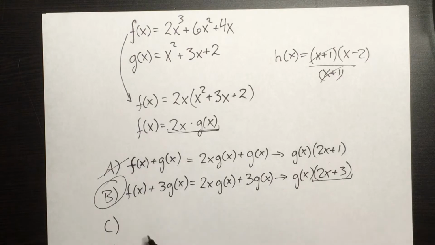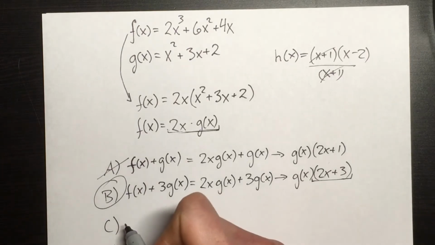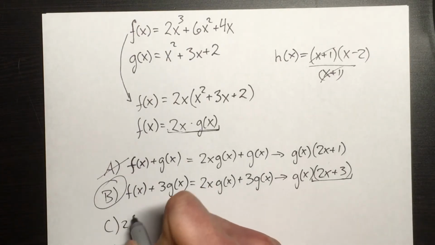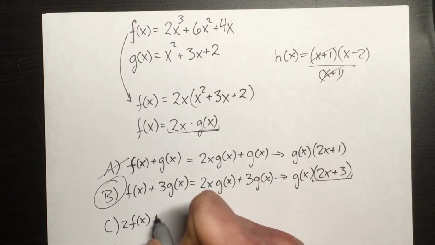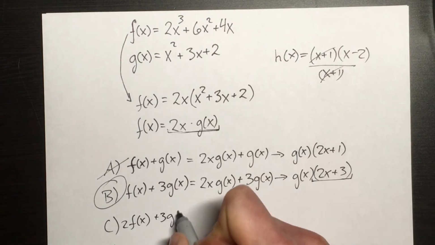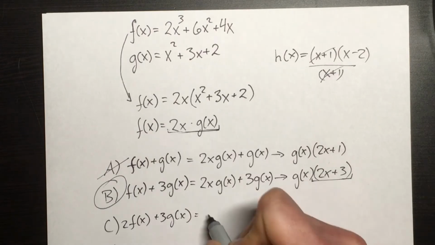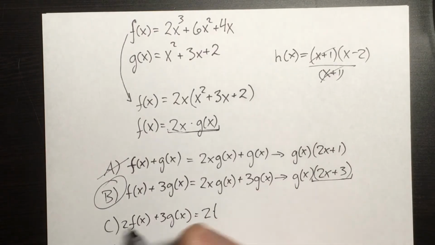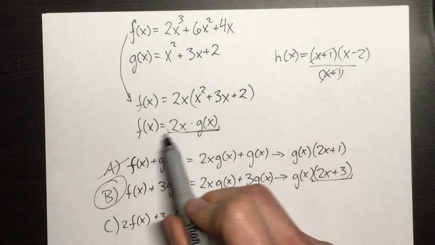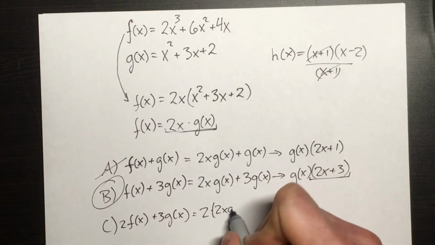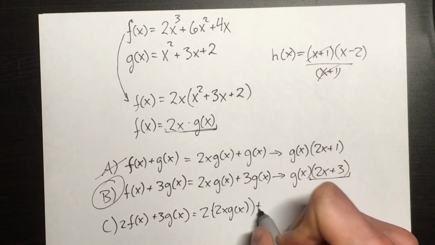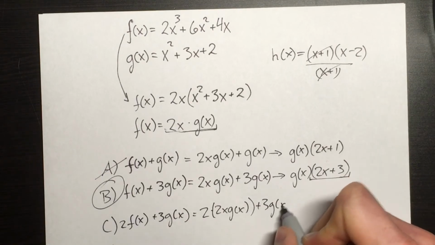And if you do this sort of procedure to C and D, I can just do it with you real quick, you'll find that none of the rest of them actually have 2x plus 3 as a factor. For C, for example, because it's 2 f of x, we write 2 times 2x g of x plus 3 g of x.